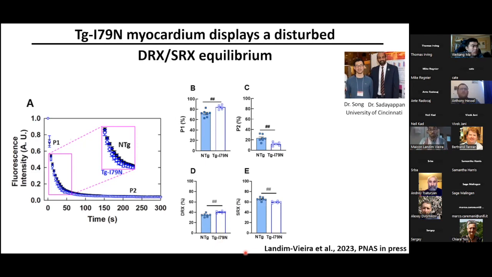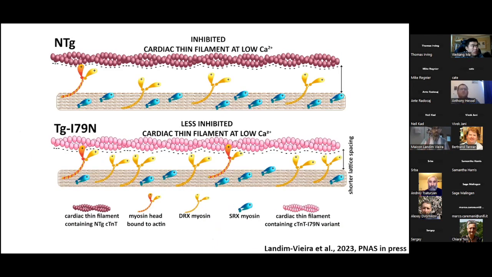So this is what we are proposing. Under normal physiological circumstances, there are a few DRX heads checking the thin filament, searching for, let's say, available binding sites. And they are close enough to be electrostatically attracted to the thin filament.